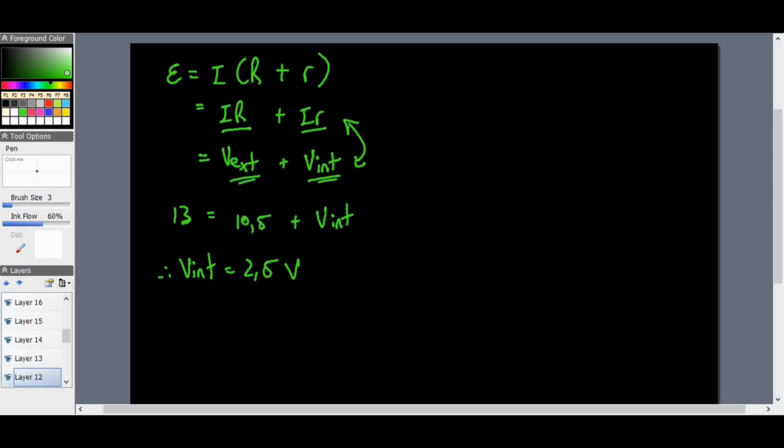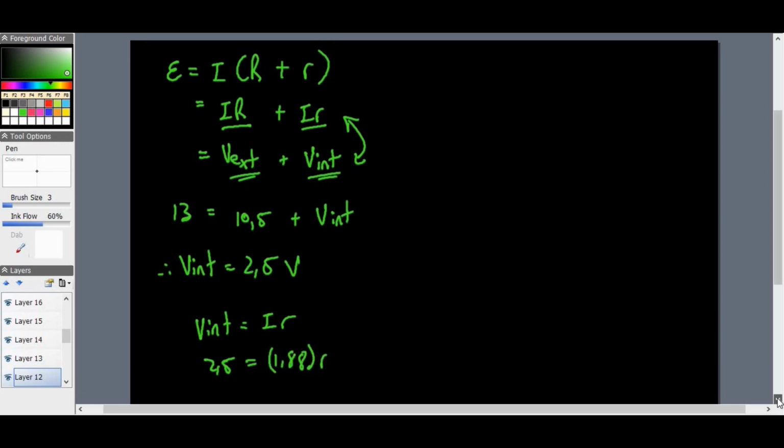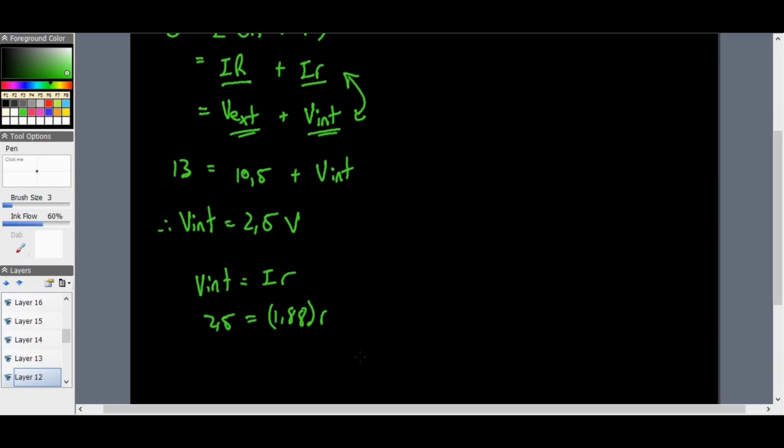The formula for V internal equals I times little r. So 2.5 is equal to, the current was 1.88, times little r. 2.5 divided by 1.88. Therefore r will equal 1.31 ohms.